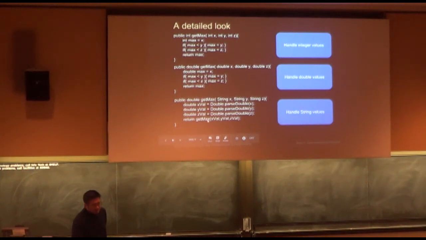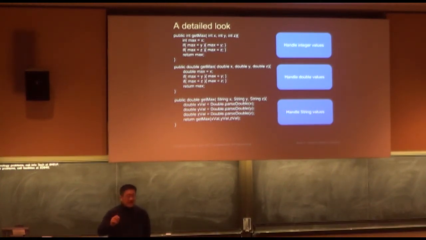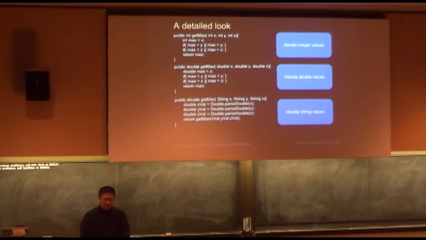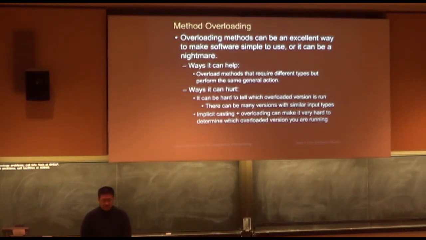The way it figures out which method is going to be called is by looking at the types and also the number of variables. If you have two overloaded methods with a different number of variables, it will figure out which method you want based on the number of variables. But if they have the same number of input variables, it's going to look at the types.